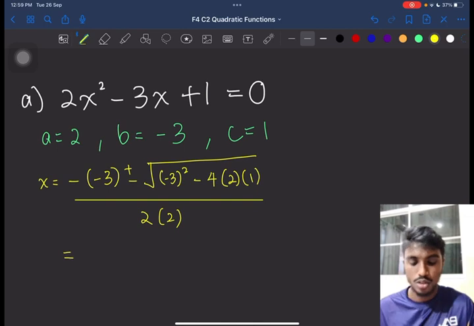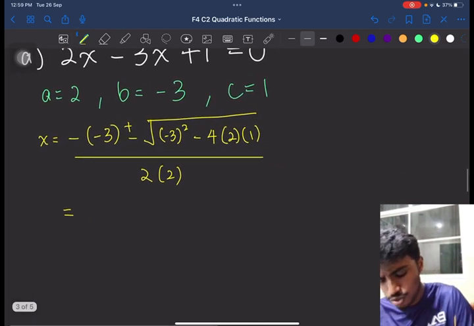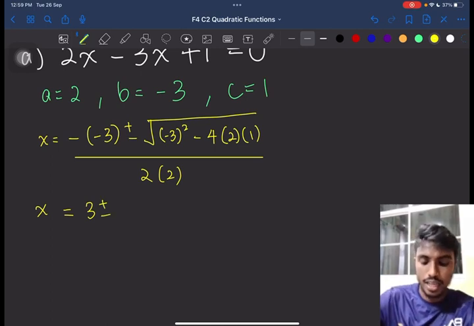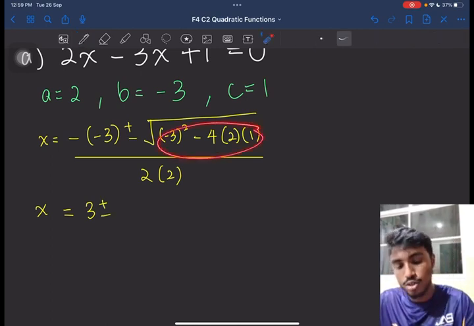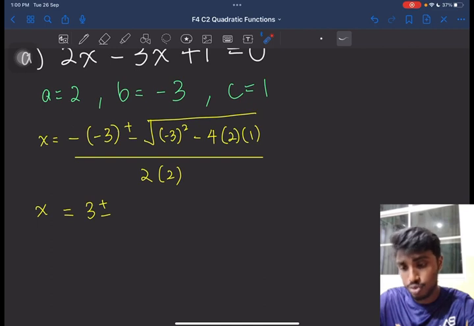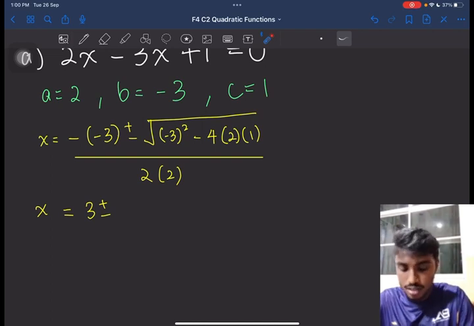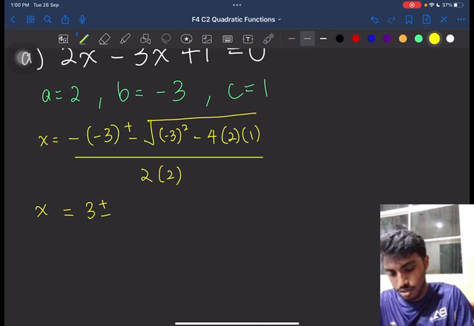A is 2. That's it. Others, you just use calculator. x is 3 plus minus, and inside the square root you just use calculator. Negative 3 squared minus 4 times 2 times 1 will give you 1. So the square root of 1 is still 1, over 4.